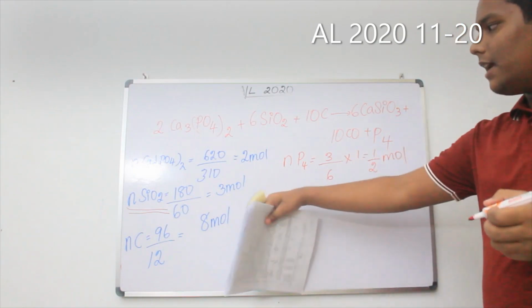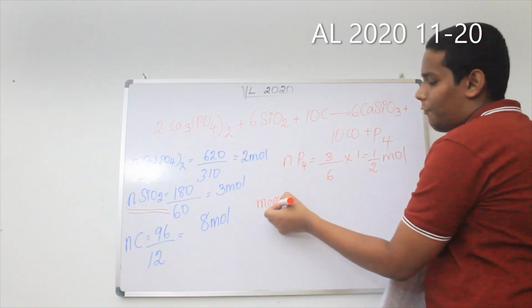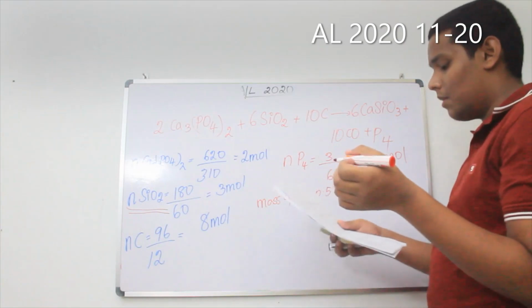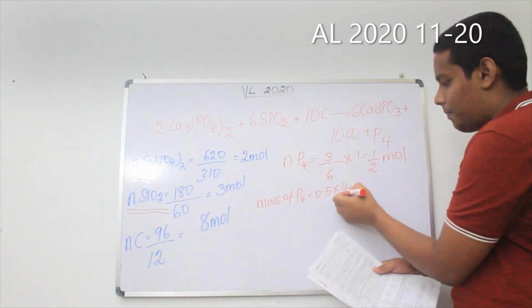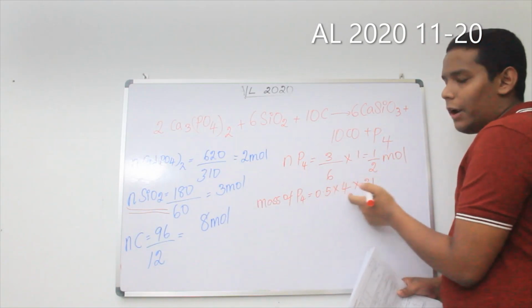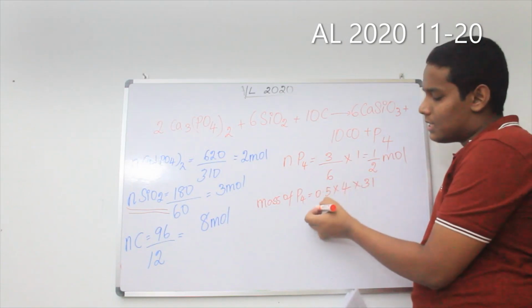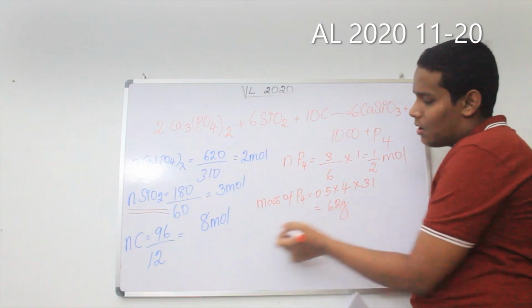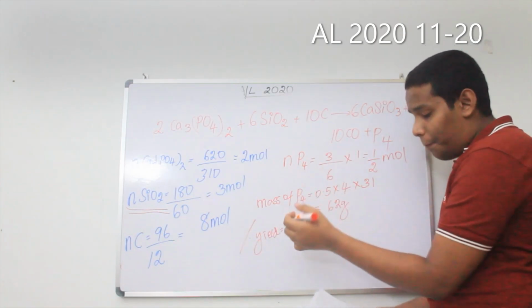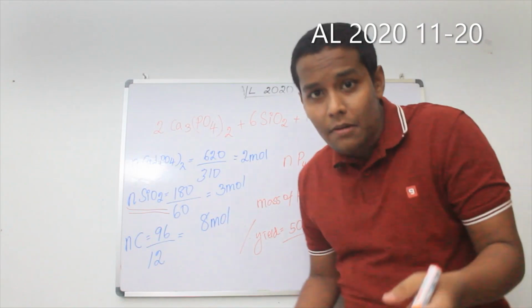So then the mass of P4 obtained is 0.5 into 4 into P31. 0.5 into 4 is how much? Half of 4 is 2. 2 into 31 is 62. 62 grams.